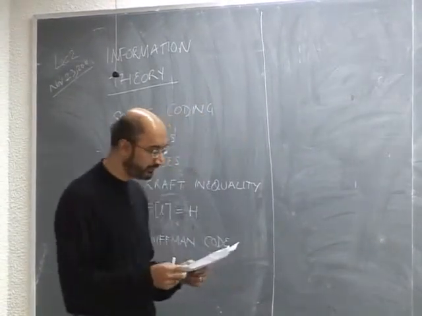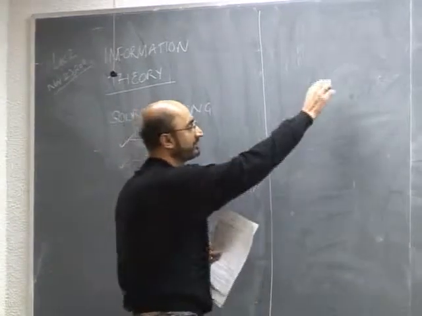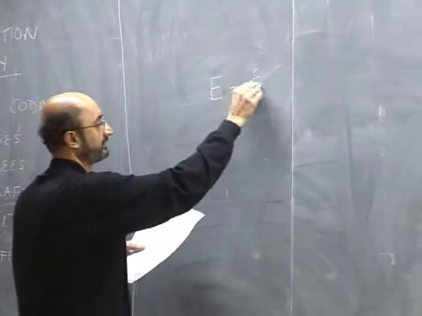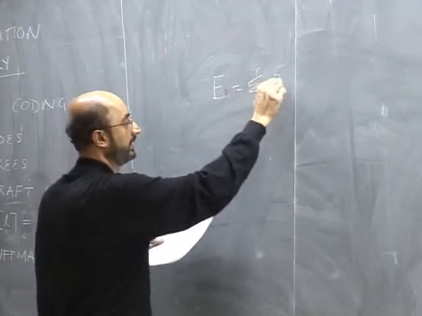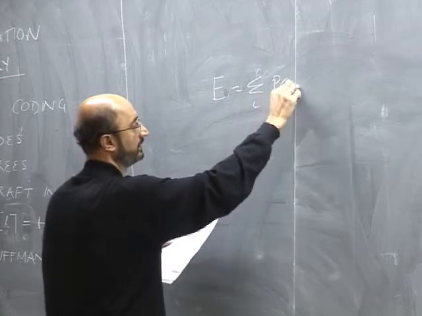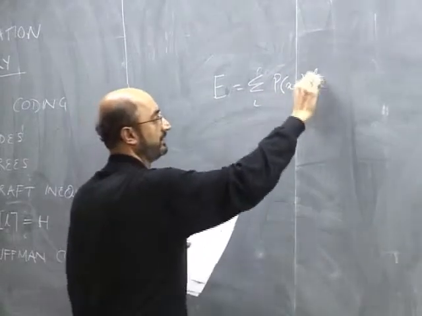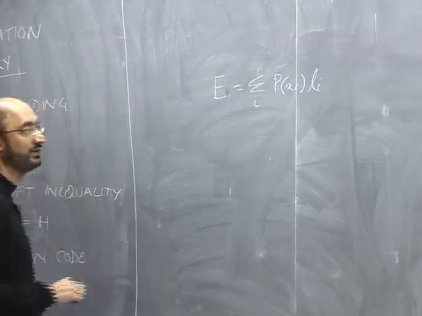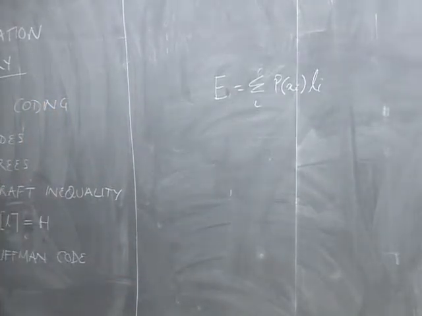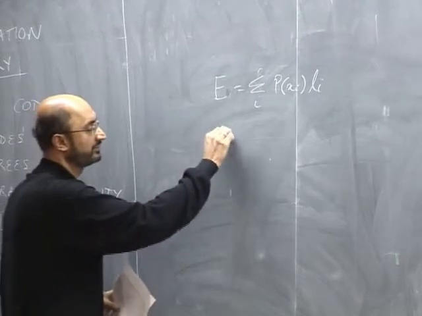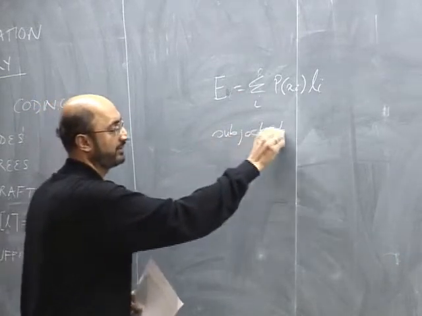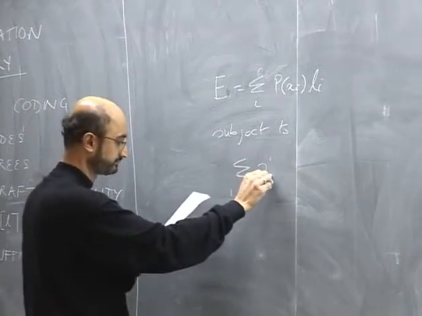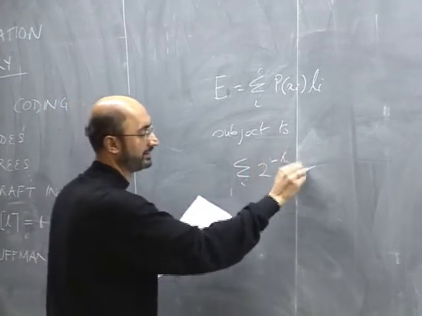Okay. So to prove that, we first consider the value E, which I've already written over there as the sum over i of p(x_i) L_i. That's the value E, and I want to minimize this, subject to a constraint, subject to the sum over i of 2 to the minus L_i being less than or equal to 1.